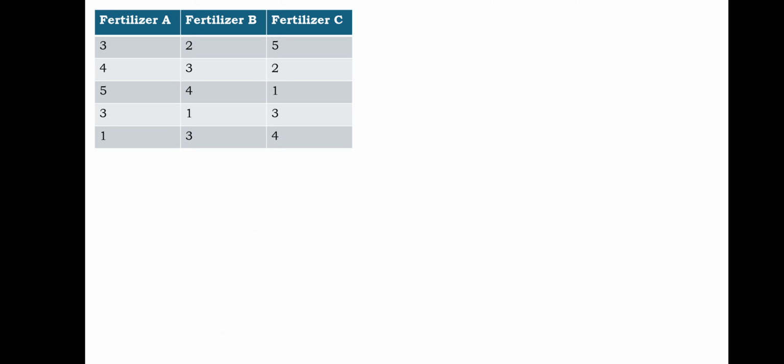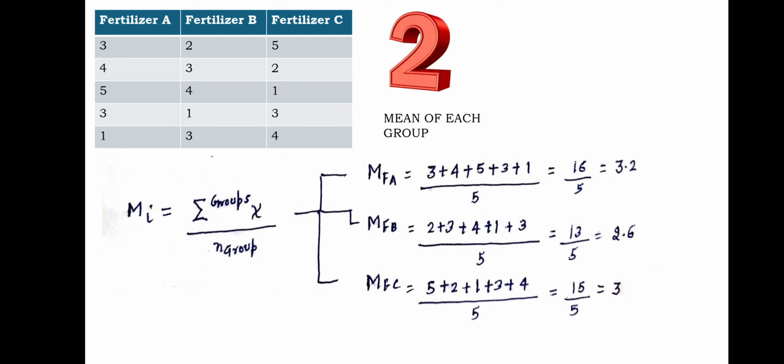The second step is to find the mean of each group. The mean of fertilizer A will be different, the mean of fertilizer B will be different, and the mean of fertilizer C will be different. So M1 stands for the mean of the first fertilizer.